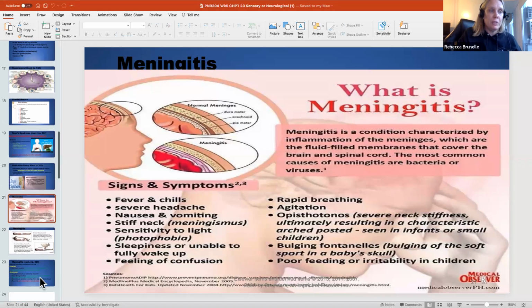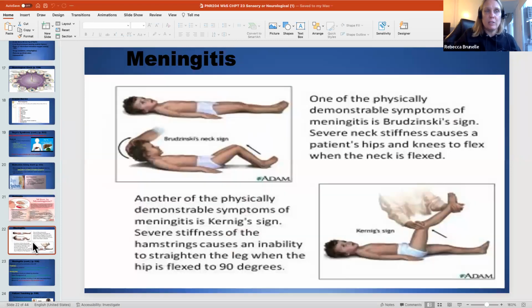There are a couple of different tests that are not definitive for meningitis. If they have a positive Brudzinski sign, it's not 100% indicative of meningitis, but it's commonly documented when you are suspicious of meningitis. Brudzinski's is the one where the kid's lying down in the upper corner.